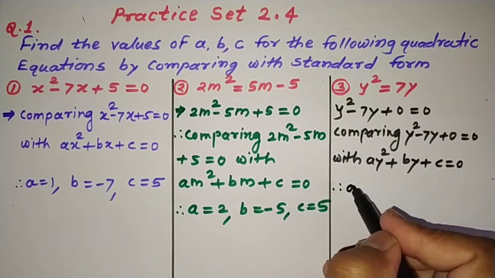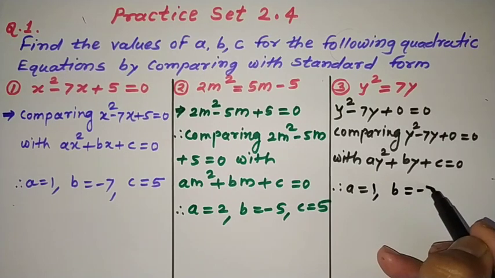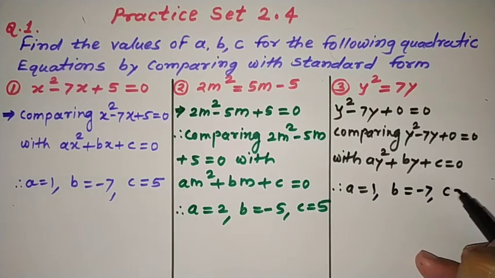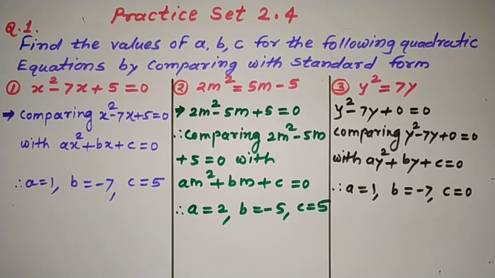Therefore, a is equal to 1, b is equal to minus 7 and c is equal to 0. This type of question is asked in the question paper for 1 mark.